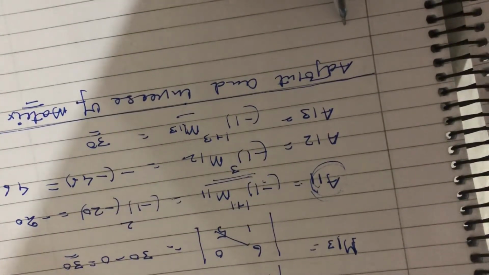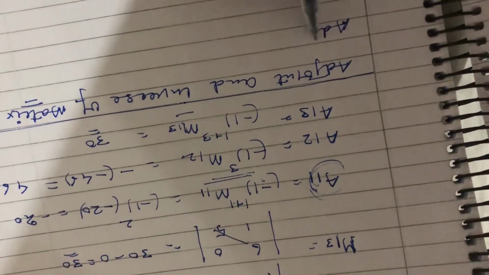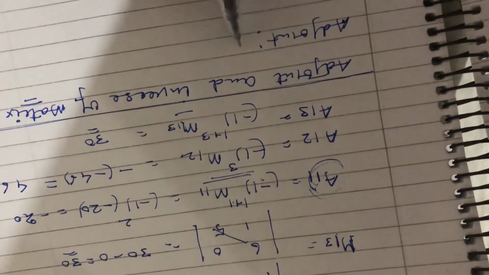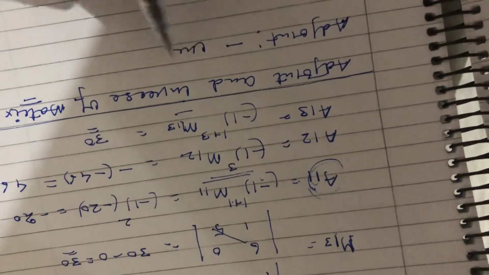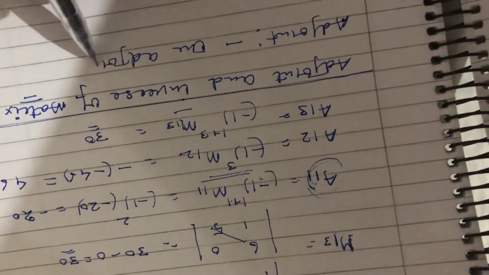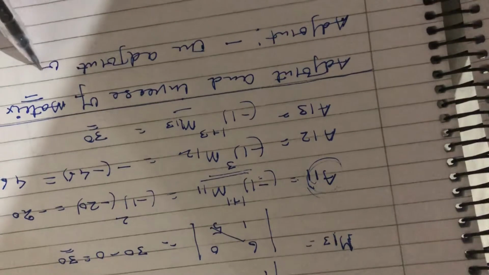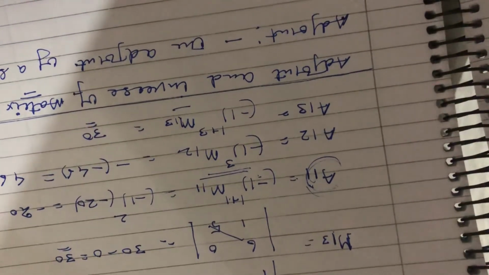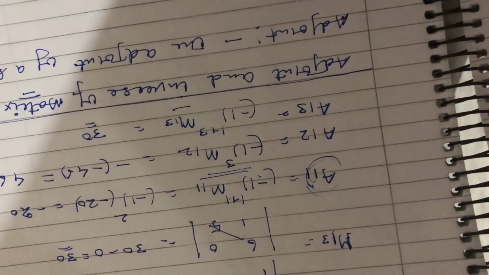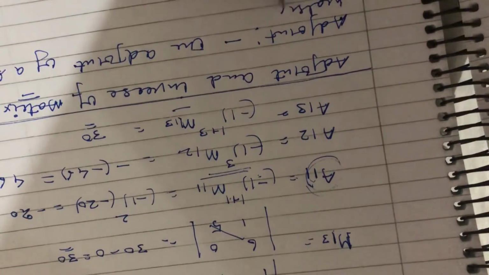Here, first we will discuss adjoint. For adjoint we need only a square matrix.